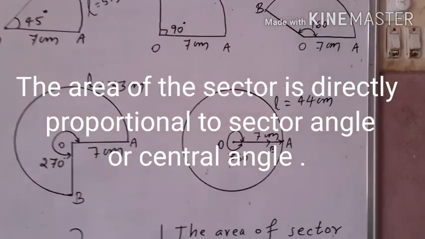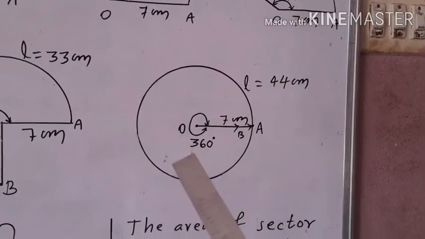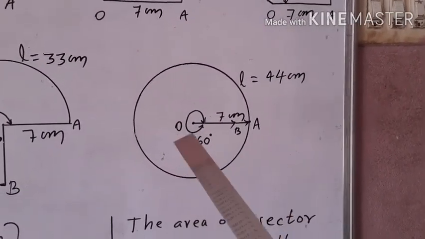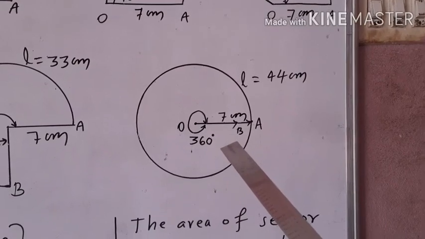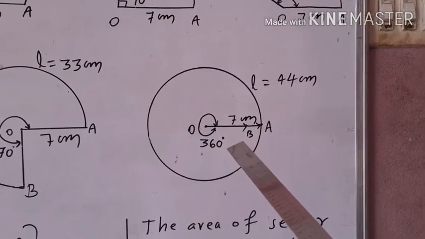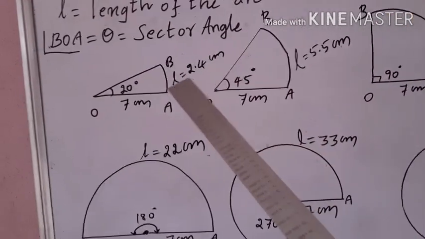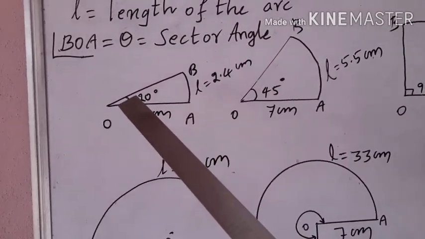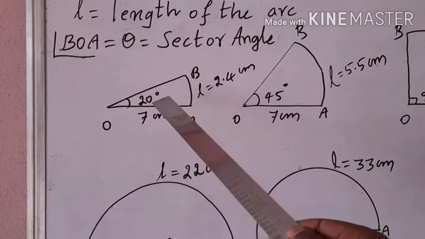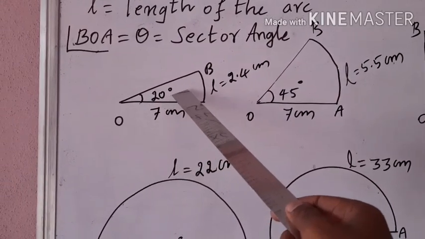If anybody asks us to find the area of the circle whose radius is 7 centimeter, we use the formula πr² and calculate. But if anybody asks us to find the area of the sector whose central angle is 20 degree, how will we find?